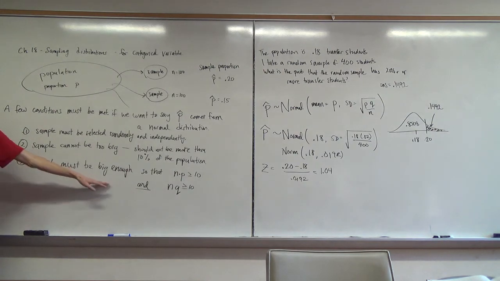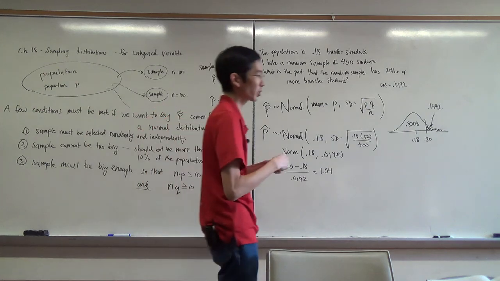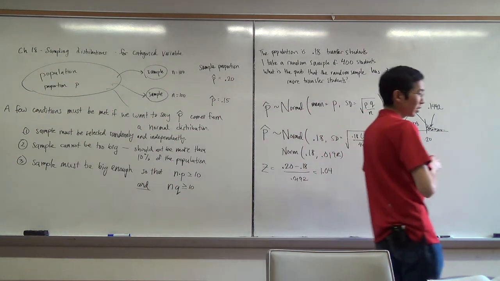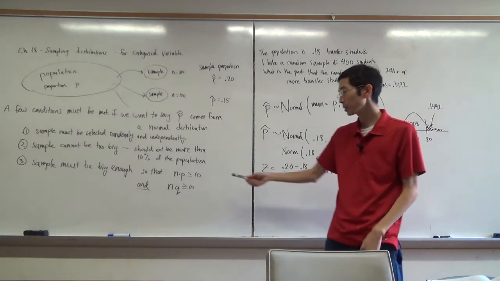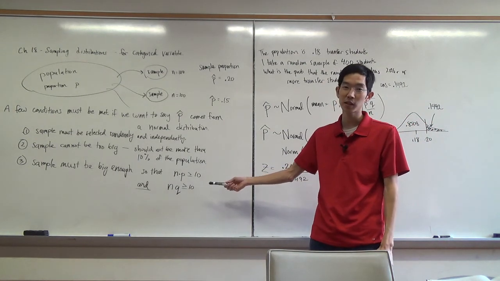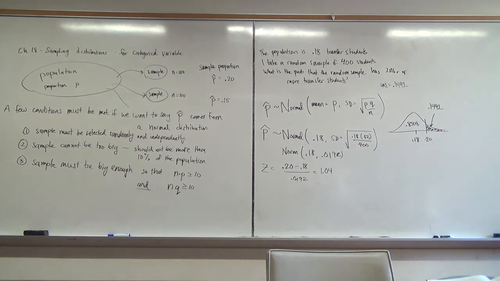This comes directly from when we were using the normal model to approximate a binomial random variable. Both n times p and n times q need to be at least 10.